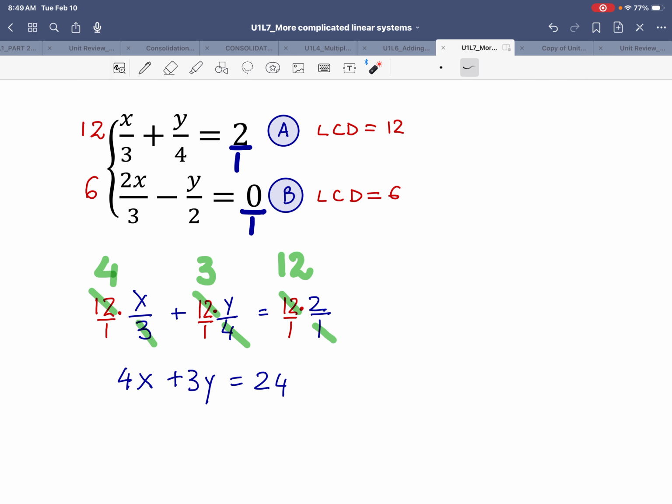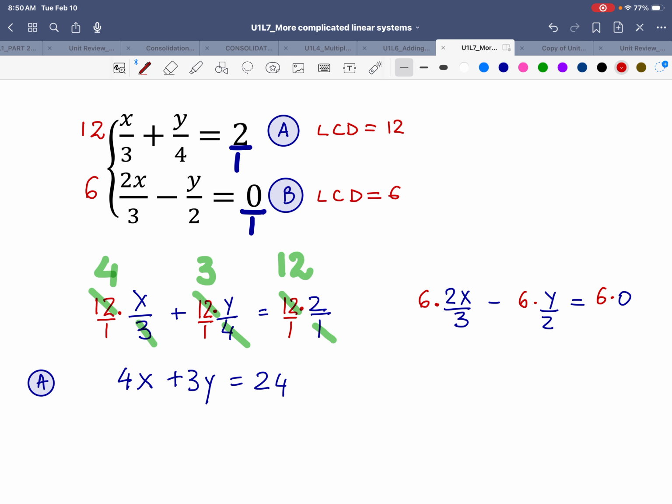Now, in the same way, we multiply 6 by 2x over 3, negative y over 2, and 0. And for this, I'm going to write equation B the same way I did with equation A. So I'll write 2x over 3 minus y over 2 equals 0. And I'll multiply every term by 6.